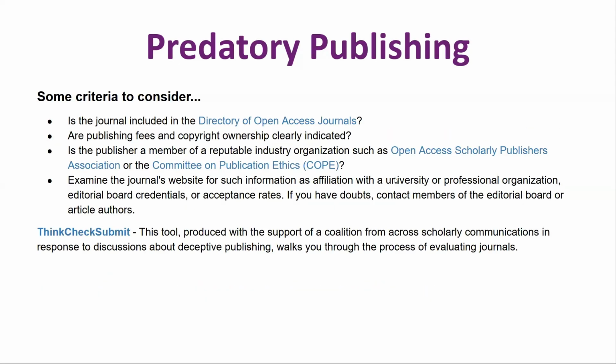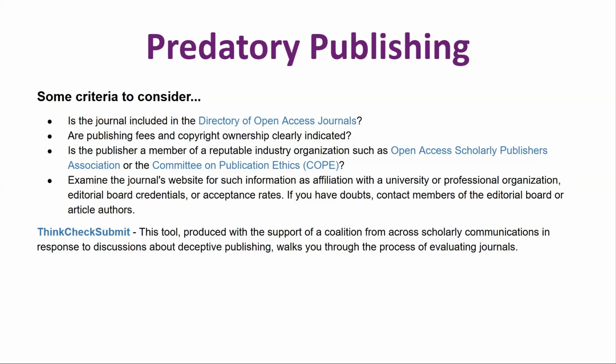Okay, so on the slides, we will look at the criteria to consider. Some of the questions you can ask yourself to see if the journal you're publishing in is not a predatory journal: you'll first need to consult the Directory of Open Access Journals. You will ask yourself, are the publishing fees and copyright ownership clearly indicated?